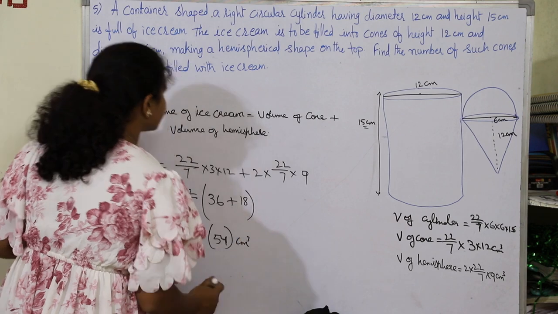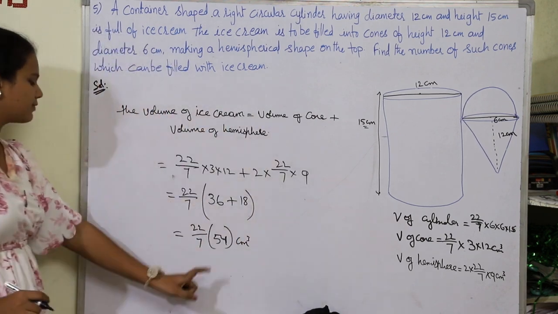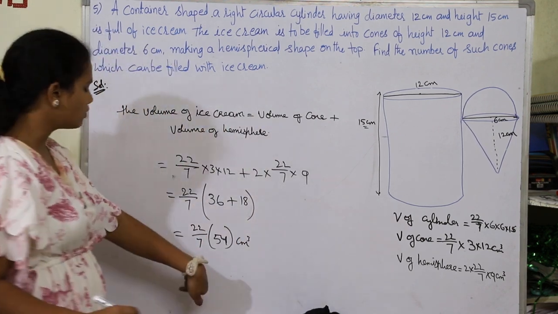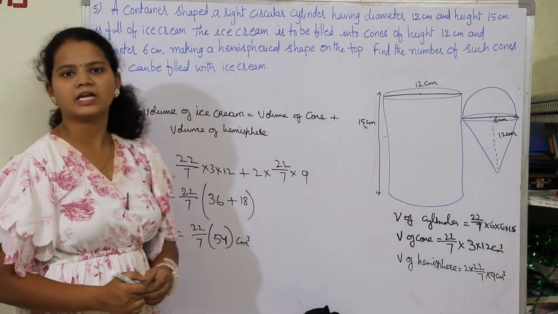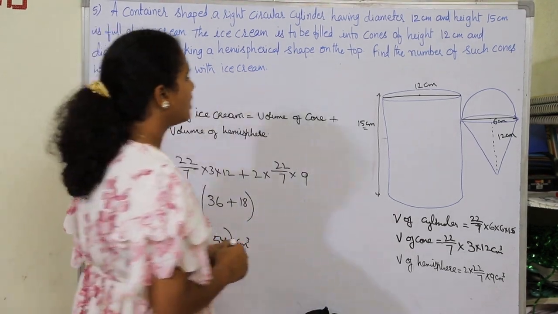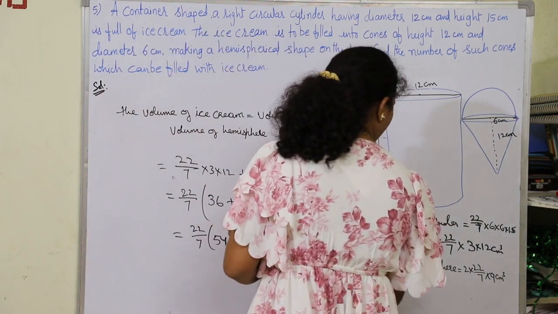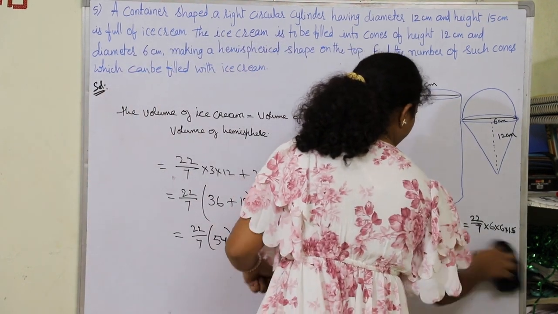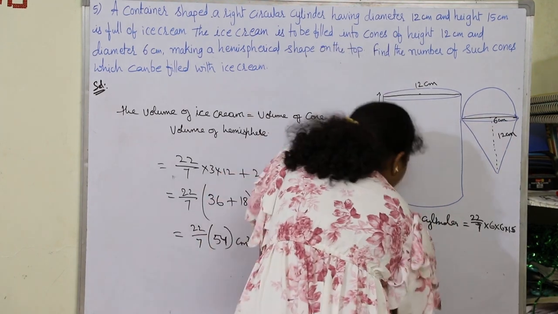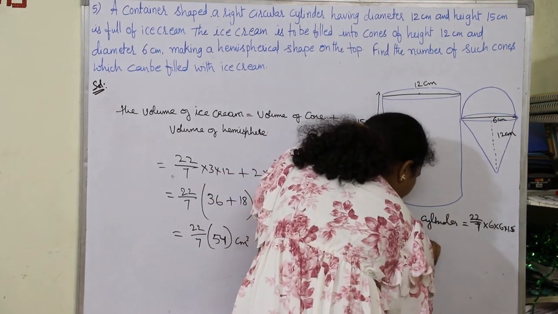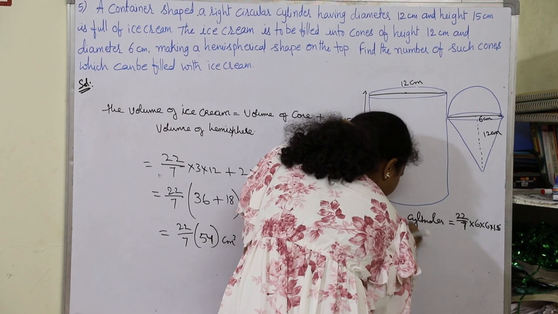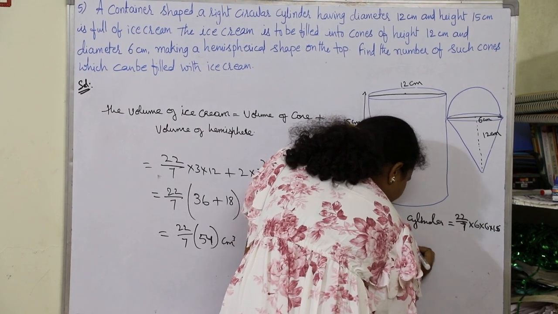Centimeter cube. Therefore, the volume of the ice cream equals 22 by 7 into 54 centimeter cube.